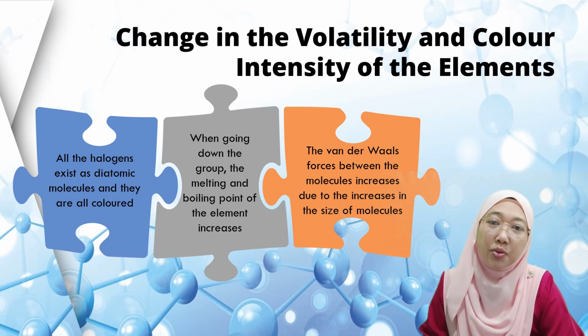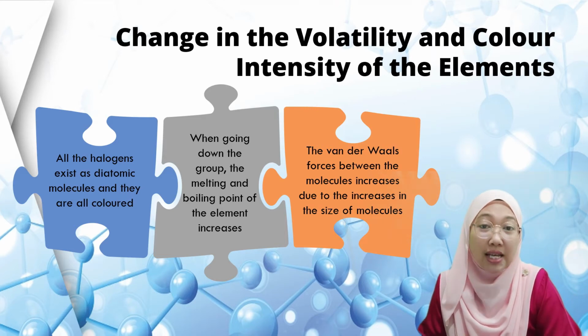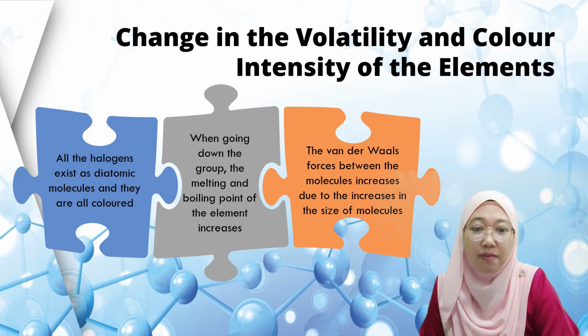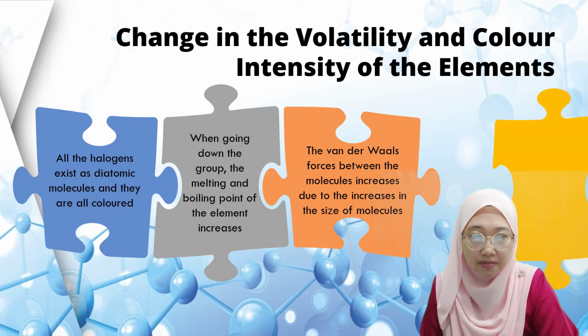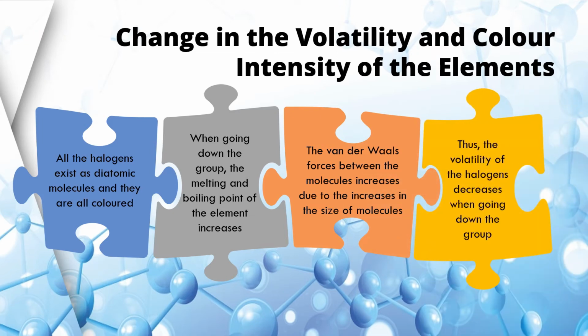So, bila menuruni kumpulan, size semakin besar. Therefore, the forces between the molecules increase and the melting and boiling point also increase. Thus, the volatility of the halogens decreases when going down the group.